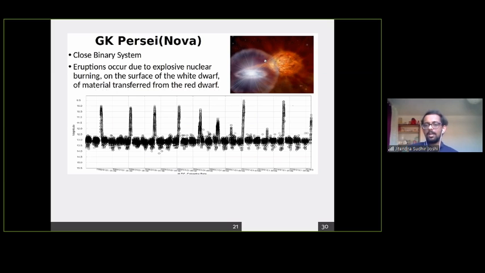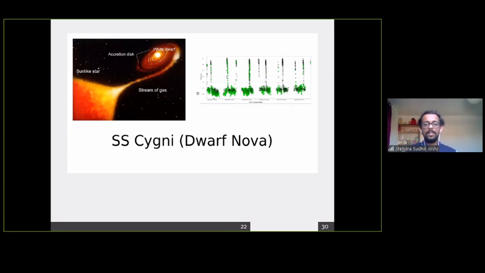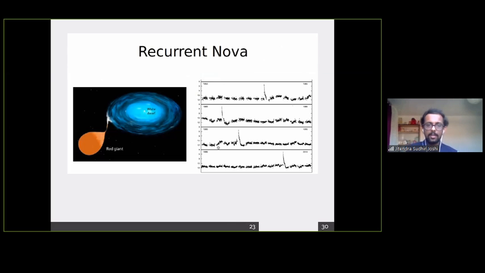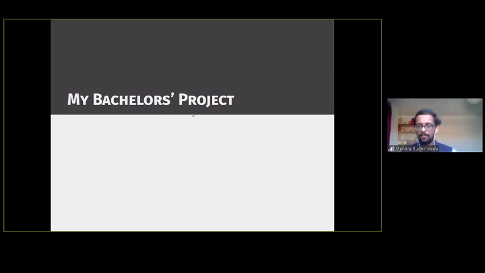This companion star puts mass onto the white dwarf, and this makes it explode once in a while. Depending on the companion of the white dwarf, we have different types. If it's a red dwarf, it's a nova. If it's a sun-like star, it's a dwarf nova. If it's a red giant, we say it's a white dwarf.